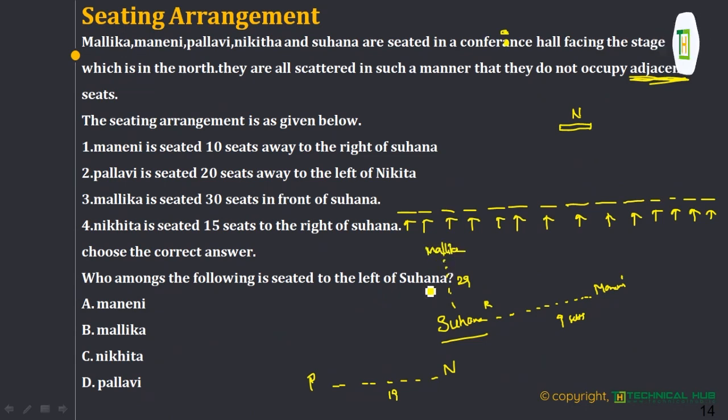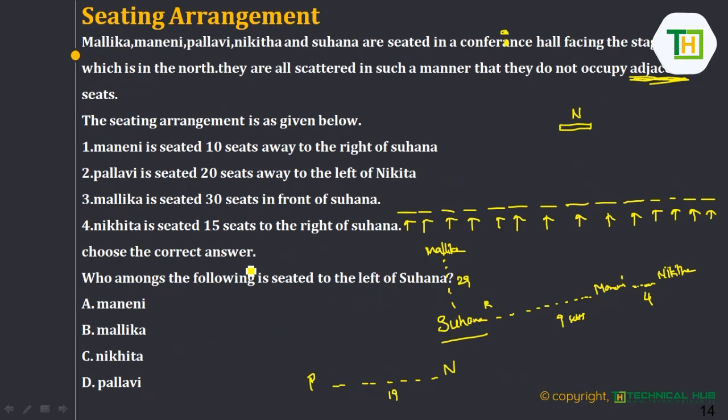And Nikita is seated 15 seats to the right of Suhana. So this is the right side of Suhana. So Nikita is seated, that is 4 seats in between Maneni and Nikita here.